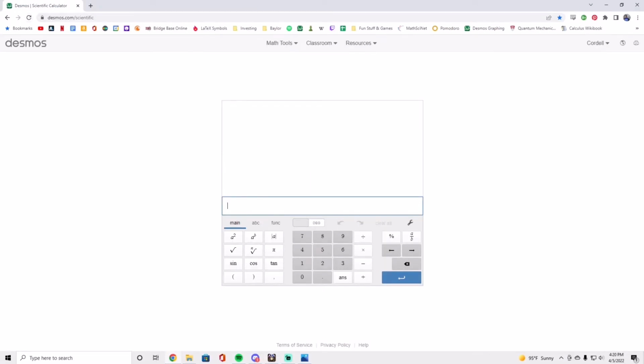Let me reload this. If we have f of x equals cosine of x plus 1/2 x. Oh, that should be a plus. Sorry about that. Then f of pi gives us about 0.57.